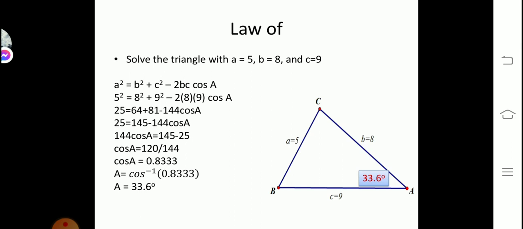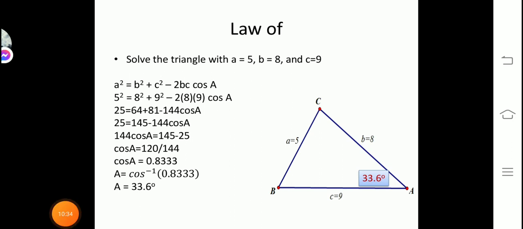Cos A equals 120 over 144. So cos A equals 0.8333. So A equals cos inverse of 0.8333. So the answer is A equals 33.6 degrees.